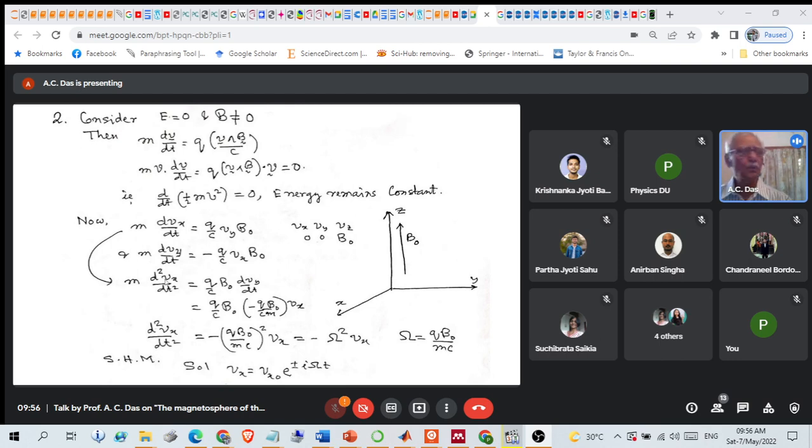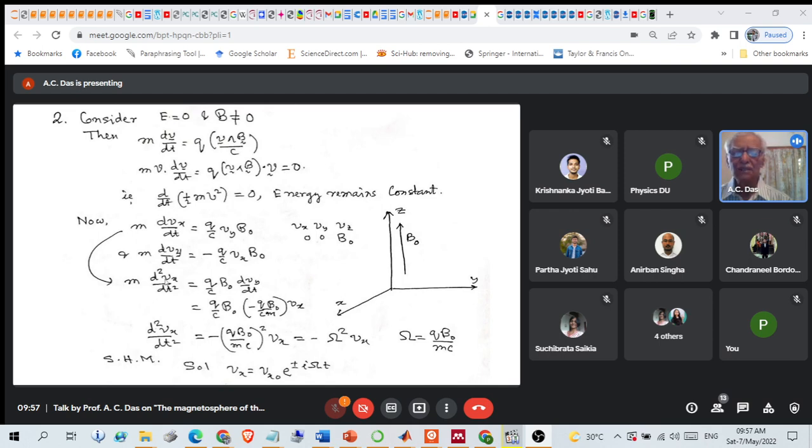Now, if you write this equation in three components, Vx, Vy, Vz, where B0 is only in the Z direction, you get two equations: m dvx/dt equals q by c Vy B0, and m dvy/dt equals minus q by c Vx B0.